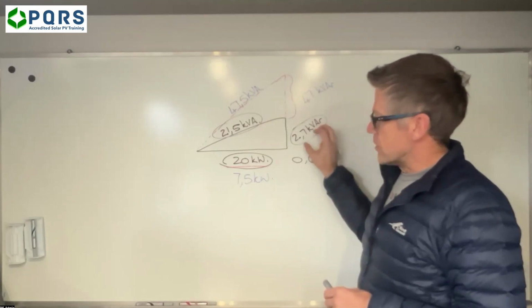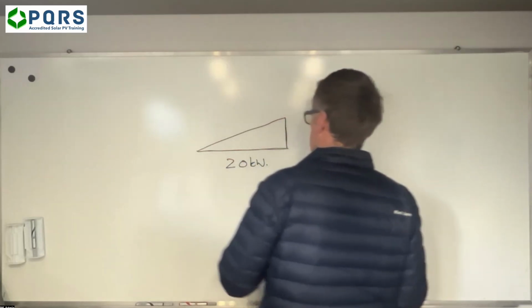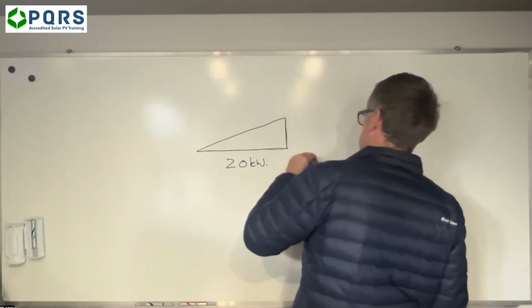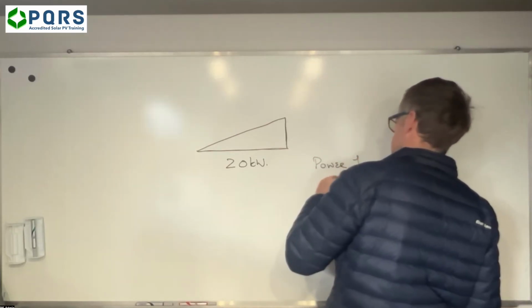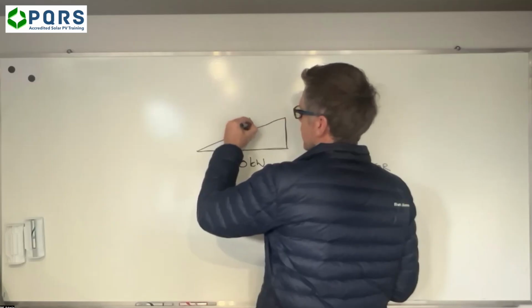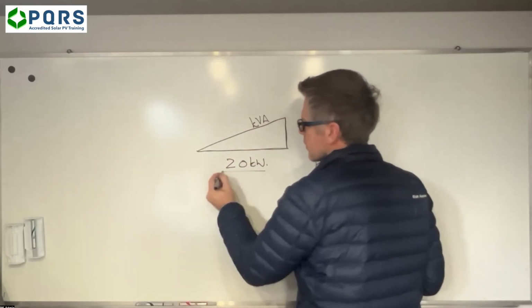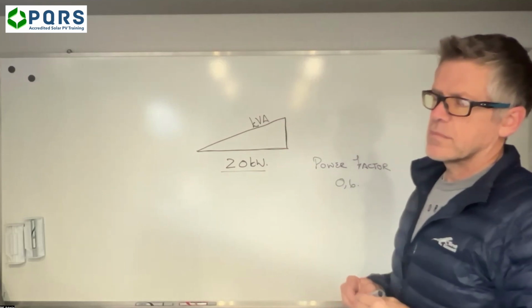The way we do this, so if you have a 20 kilowatt load and a power factor of 0.6, your kVA is always going to be higher than what your kilowatts are.